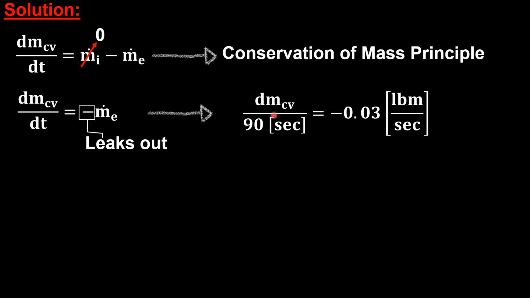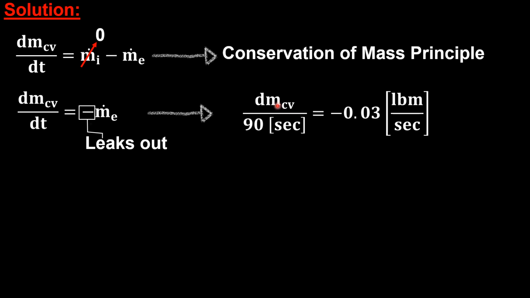The delta time, based on what's given to us, is 90 seconds. That's the amount of time the mass took to leave the system. And the constant mass flow rate given to us is 0.03 pound mass per second, and the minus sign indicates that the mass flow rate is exiting the system.